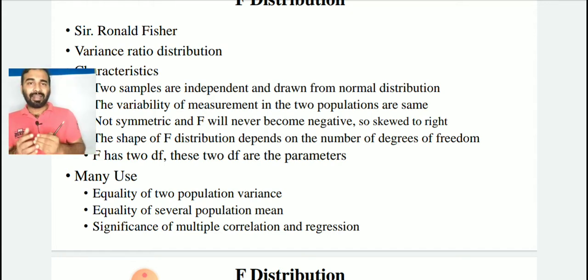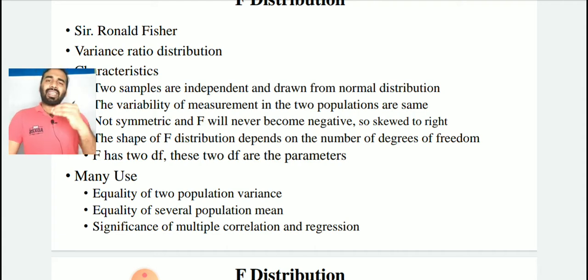The second use is to check the equality of several population means. If you want to compare more than two means, then we have to rely on the F test.